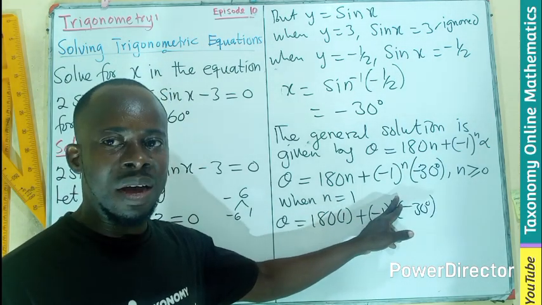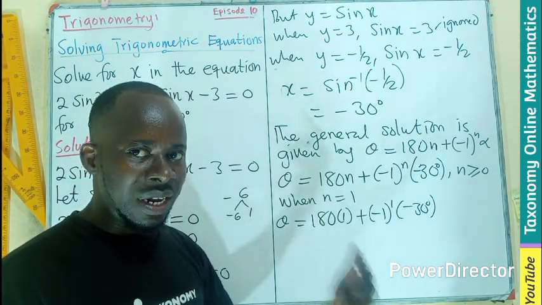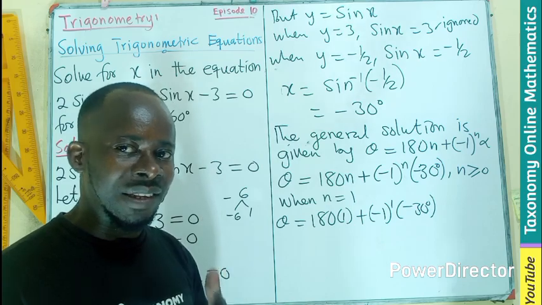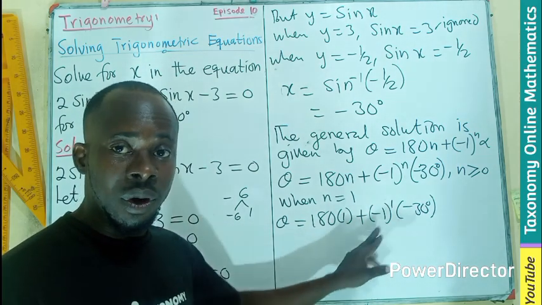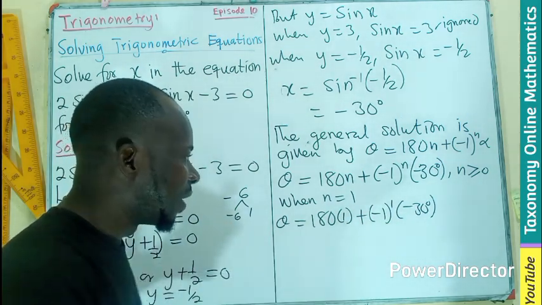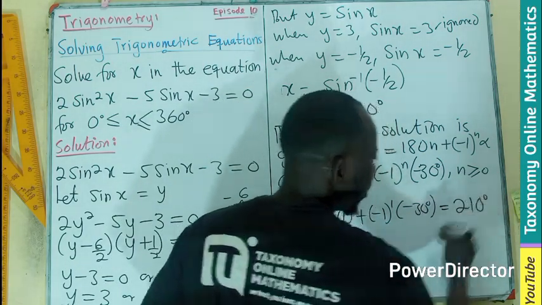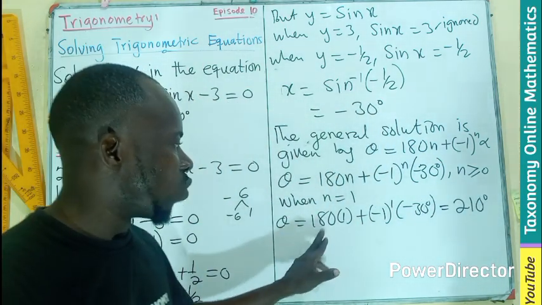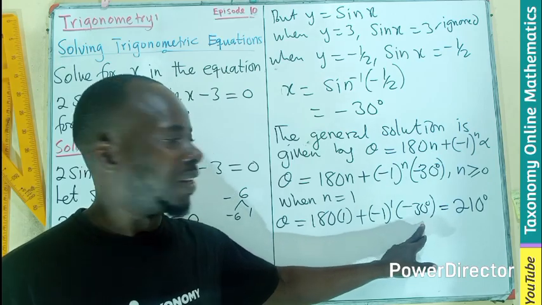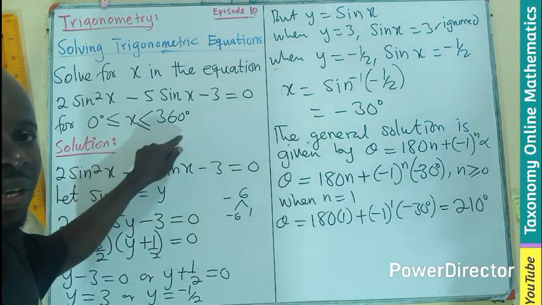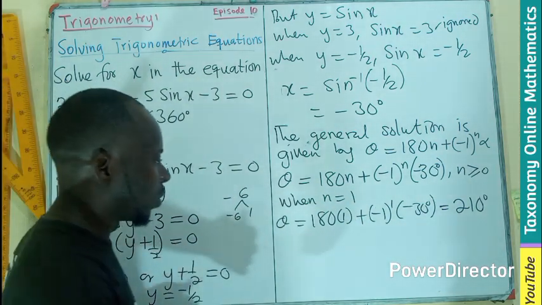Negative 1 raised to the power 1 is still negative 1. Negative 1 times negative 30 will give you positive 30. So 180 plus 30 should be 210, which is positive and in the range. So that value is assured.